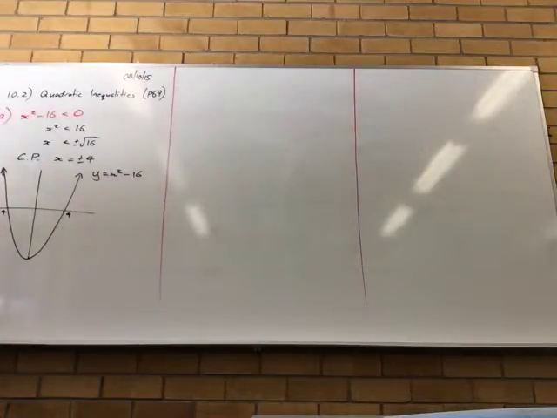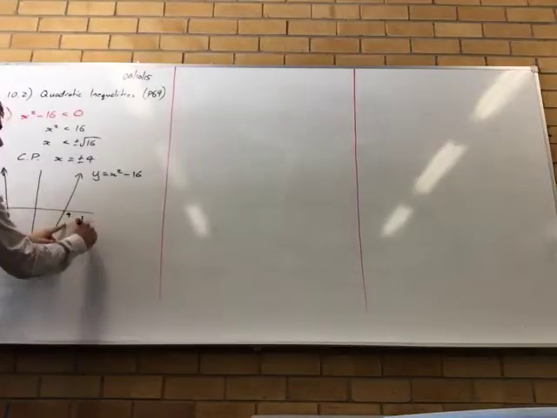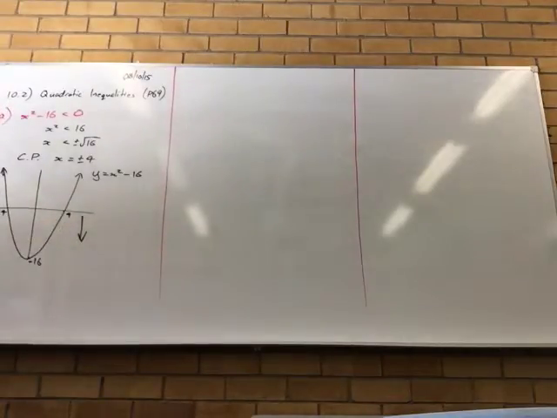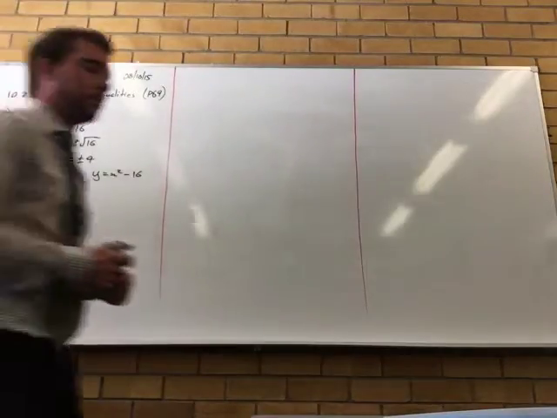Negative 16. So x squared take away 16 is less than 0. So it is less than these critical points where they intercept the axis. When we have less than, we need to consider the graph below the axis.